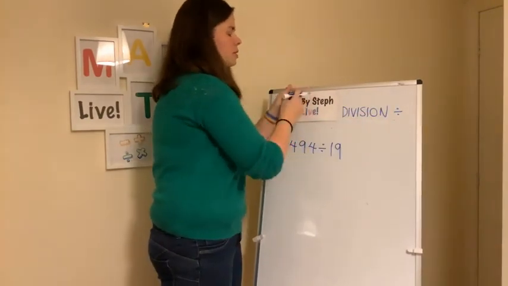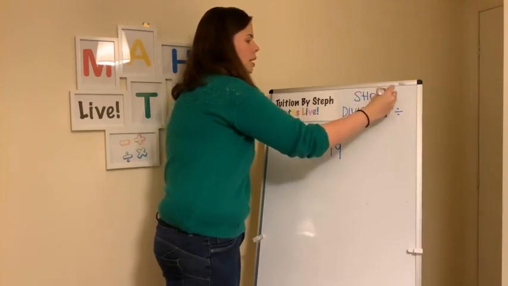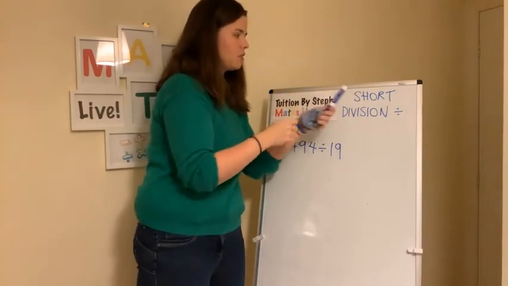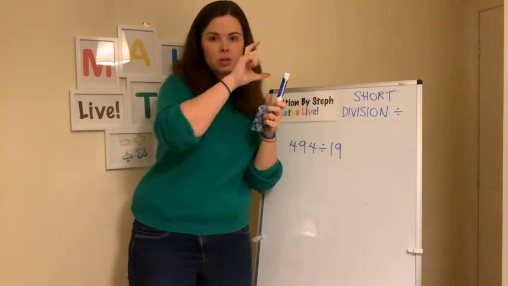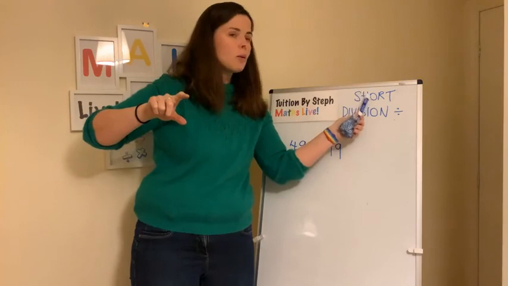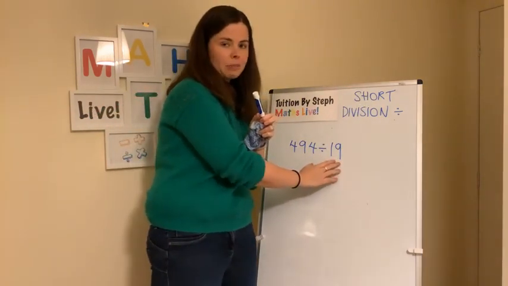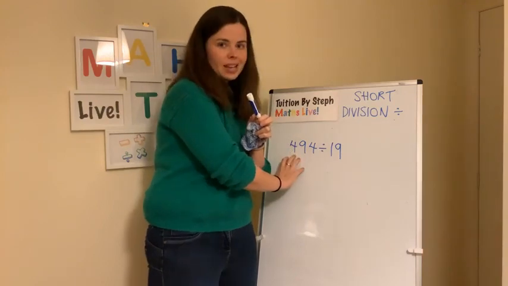We're going to use this method. Now, some of you in year 6 might know what I'm talking about. It's really easy to confuse short division with the bus stop we were doing yesterday. This is another way of getting groups of the number you're dividing by in order to find the answer.